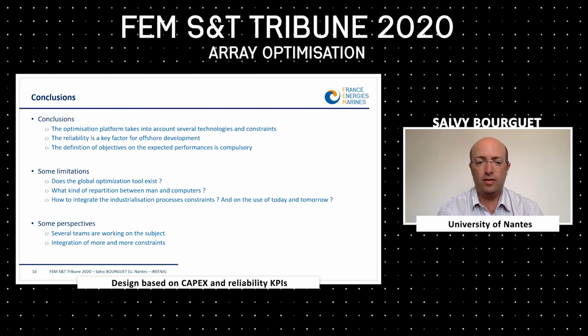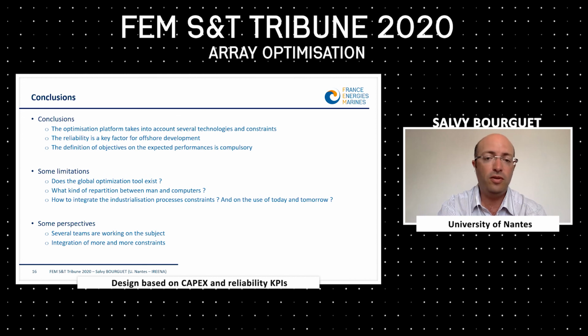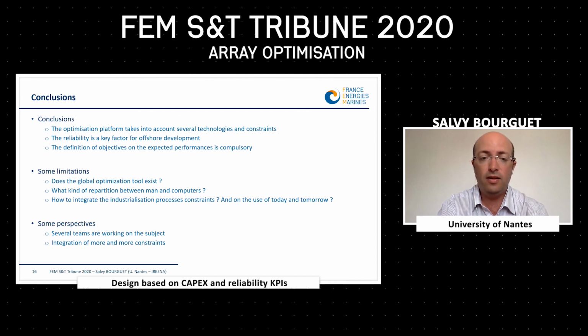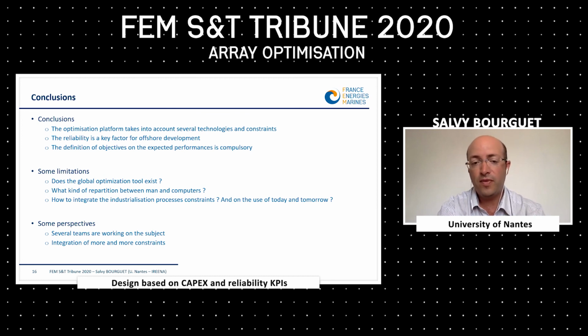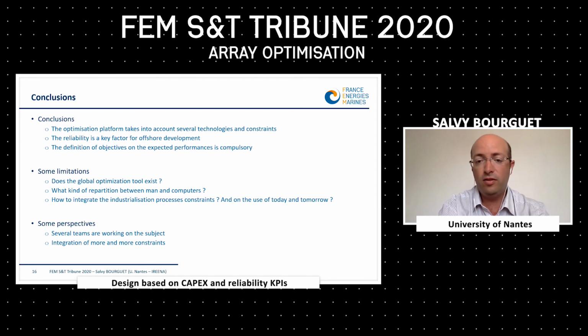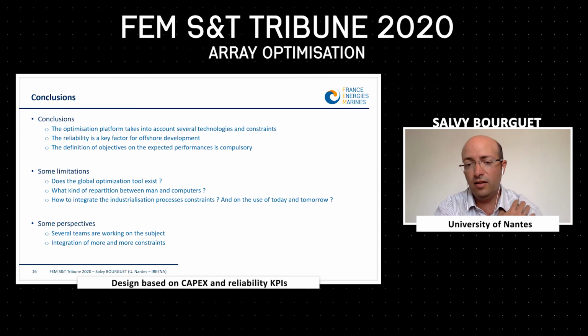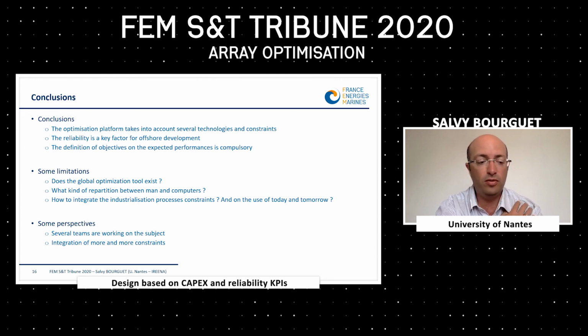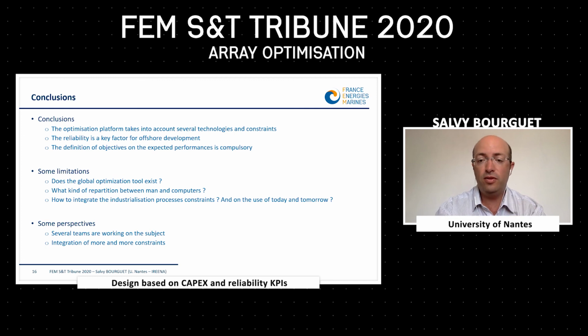But it helps people to choose between different situations and maybe to observe the performances that are quite hard to calculate or to obtain by hand. One of the other limitations is the integration of the industrialization processes constraints, and maybe to be able to calculate the use of today and tomorrow for such a site.